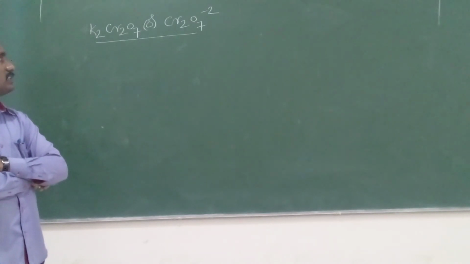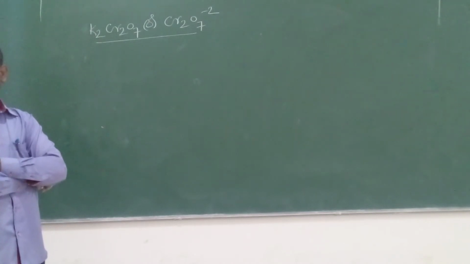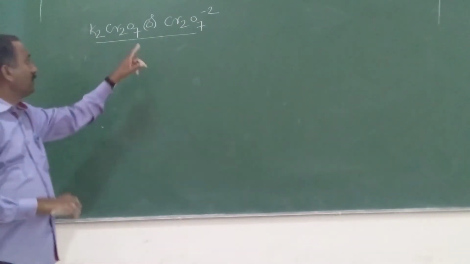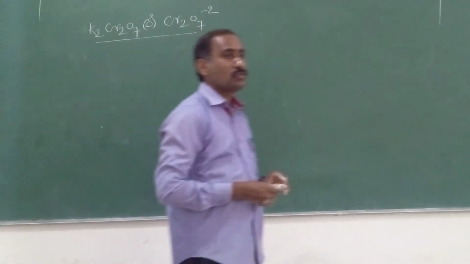Put a side heading, structure. K2Cr2O7 or Cr2O7 2- has two tetrahedral units, joined by an oxygen.